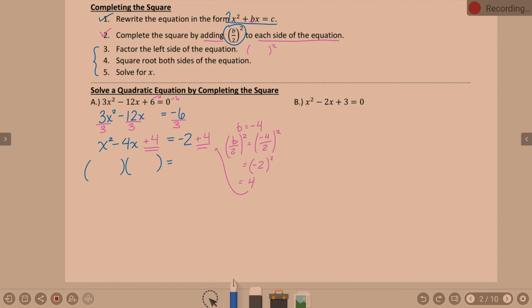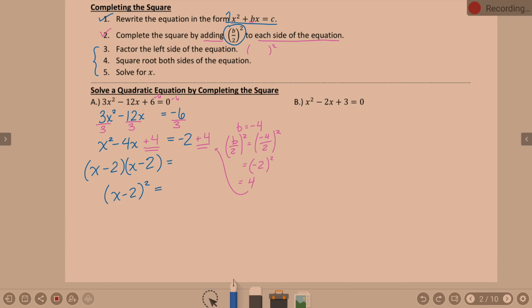Factor this with me. The factoring should be easy. X squared breaks into x and x. What multiplies to be 4 and adds to be -4? We're looking for 2 and 2. And they're both negative, yes? Okay. Otherwise written as x minus 2 quantity squared.